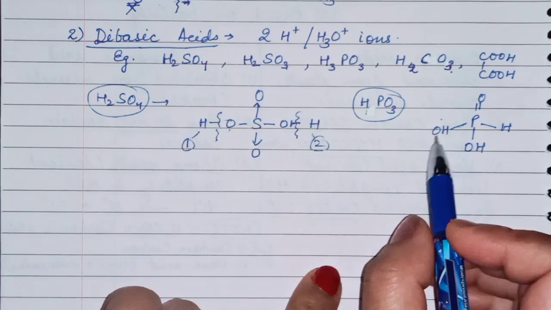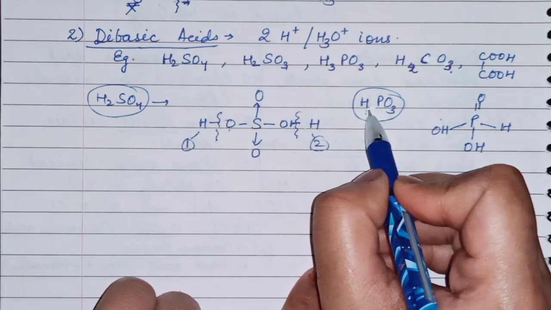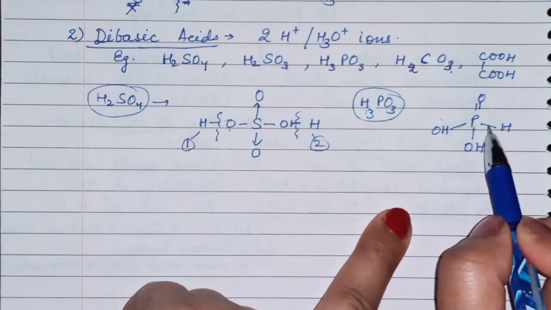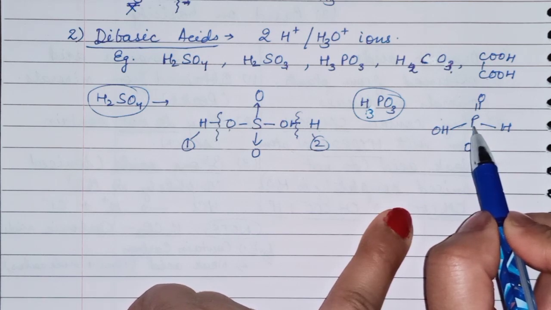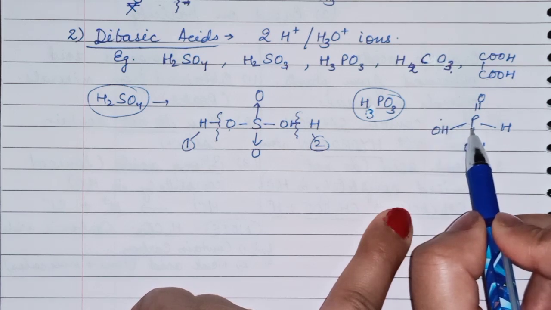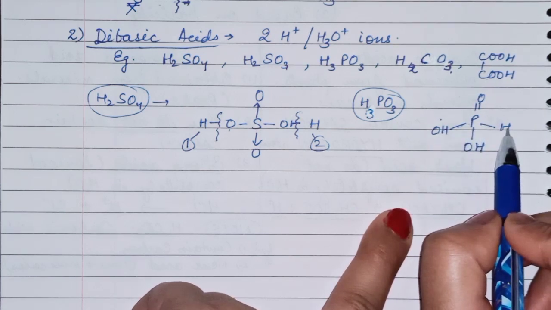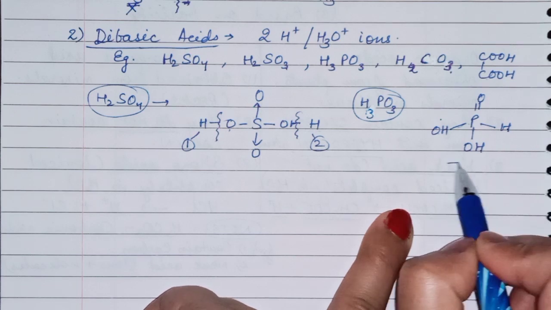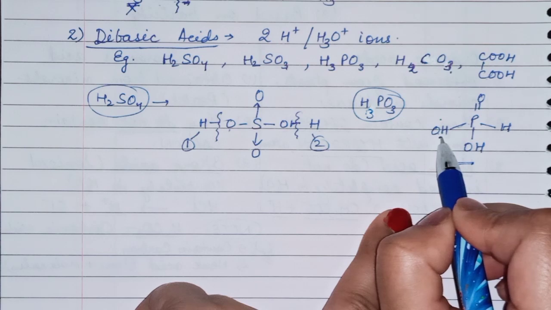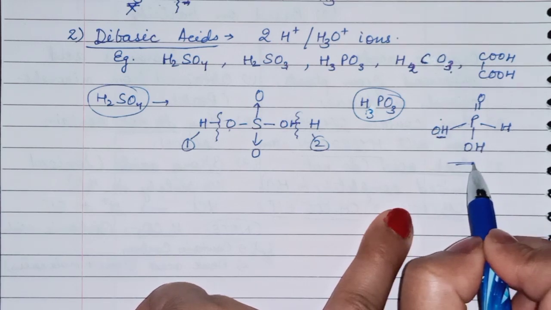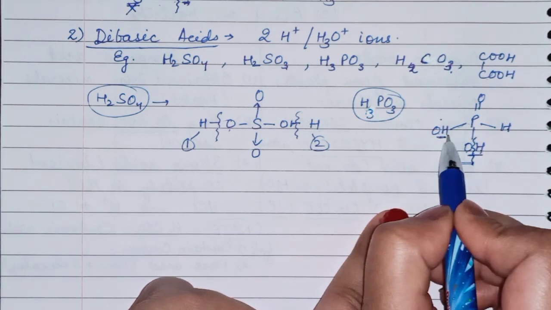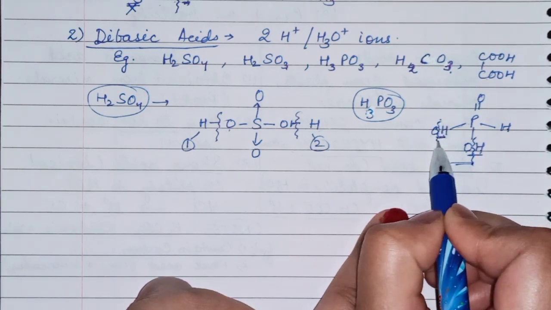Another example is H3PO3. The structure of H3PO3 is P double bond O, P single bond OH, P single bond OH, and P-H. So see here children, this one is very important. You have to replace only that hydrogen which is attached with oxygen. Here hydrogen is with oxygen, so it can dissociate. Here also hydrogen is with oxygen, so it can dissociate.